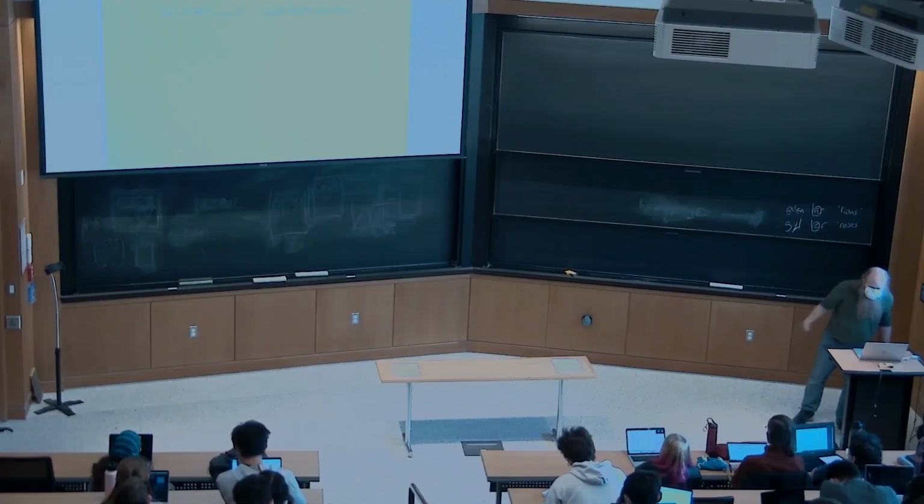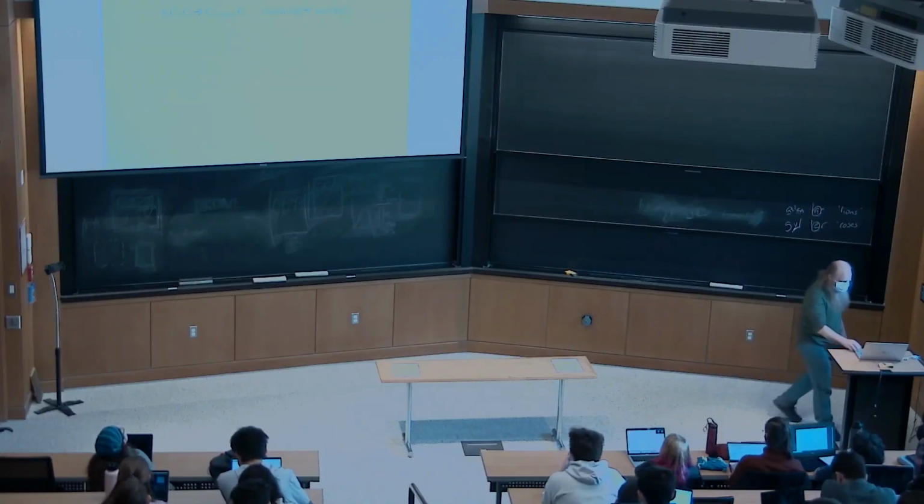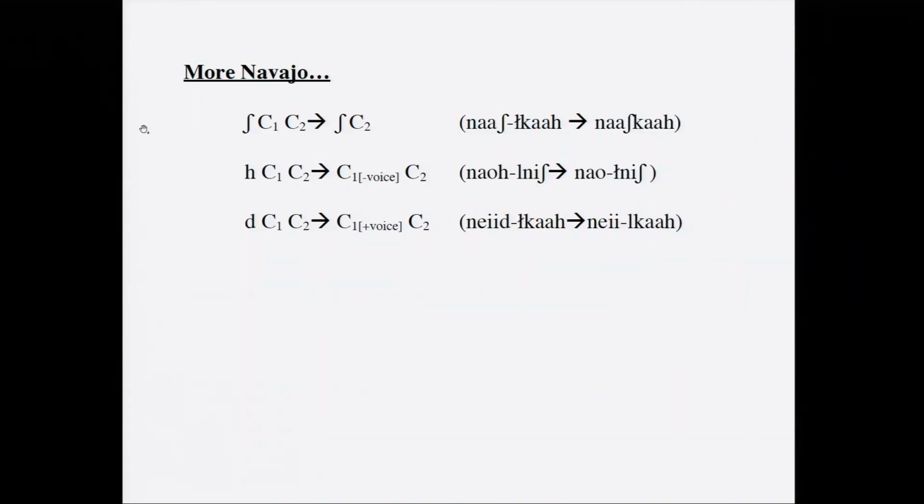If you have an H followed by two consonants, like in we two are working, where you've got an oh followed by nish, the H goes away, but the L devoices. And if you have a D before two consonants, the D goes away, but the L that's in the first consonant will become voiced. So it changes from naid ka, you two are investigating it, to nail ka.